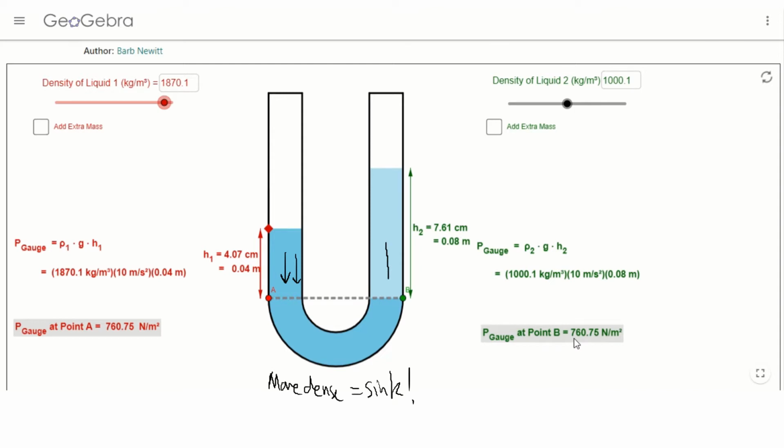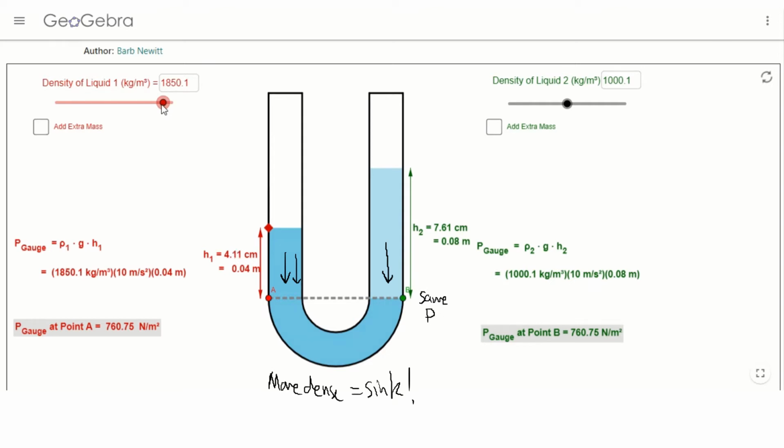And notice, it is 760.75. Wait, that's exactly the same as the left side. That means this whole tube thing is in equilibrium because the pressure at this point is the same as the pressure at this point. So they are balanced. The liquid won't move anymore.